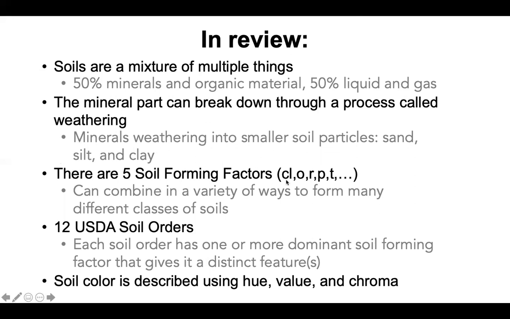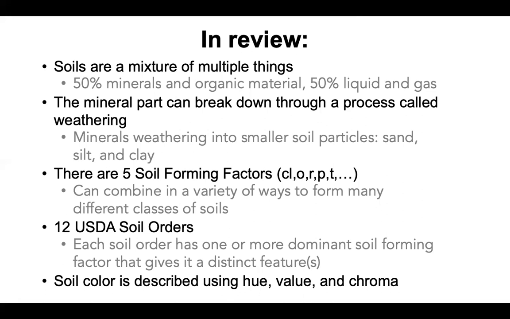There are 5 soil forming factors. We have our wonderful acronym CLORPT, and we can take those soil forming factors and combine them in a variety of ways to form different classes of soil, which we refer to as soil orders. Now, those 12 USDA soil orders, each of them has at least one of these soil forming factors that's really dominant and plays a big hand in deciding its soil order.